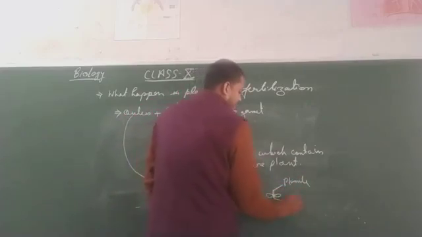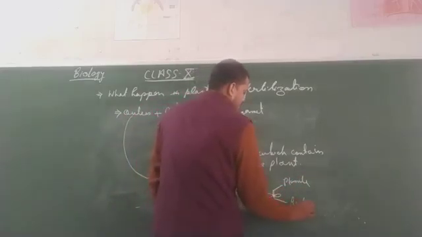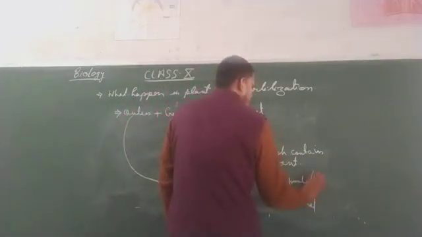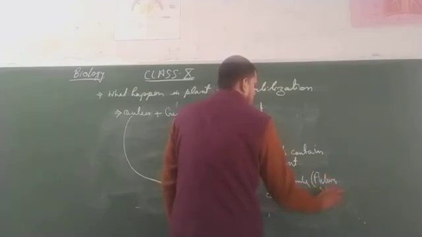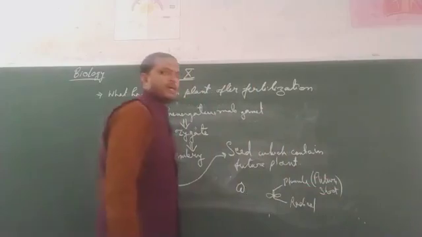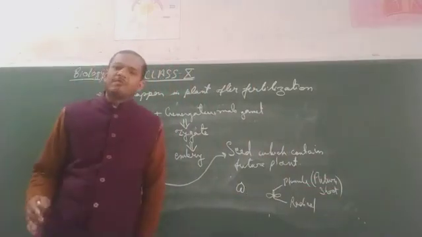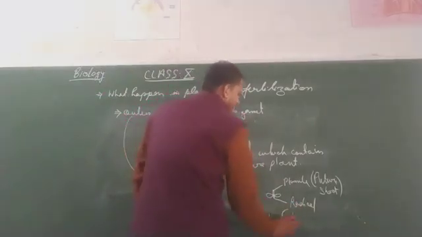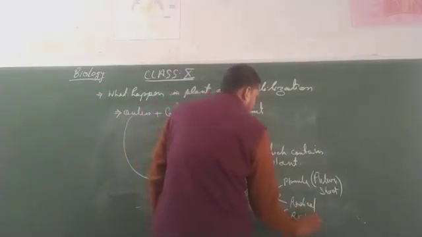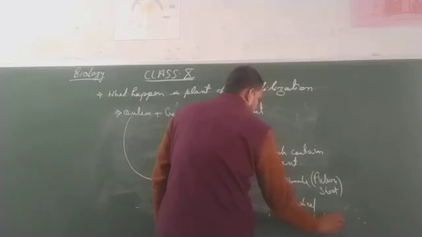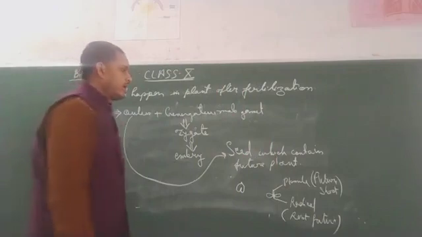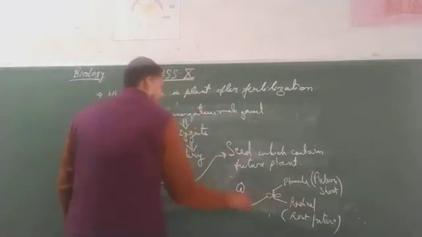This is the radicle. The plumule is the future shoot, the upper part of the plant. The plumule develops into the shoot, and the radicle develops into the root, the future root. The other structure is known as the cotyledon.